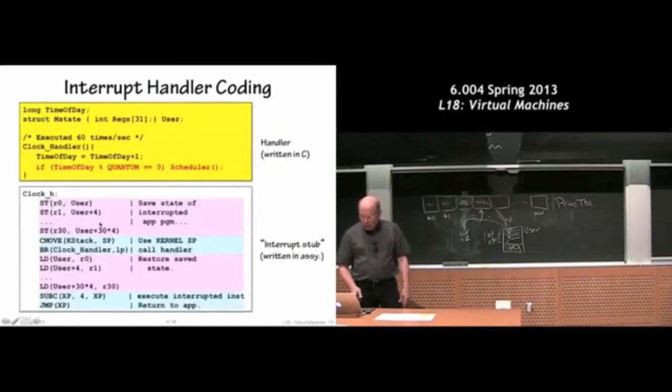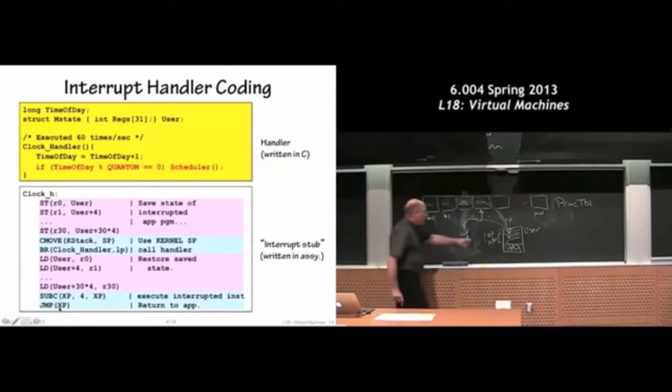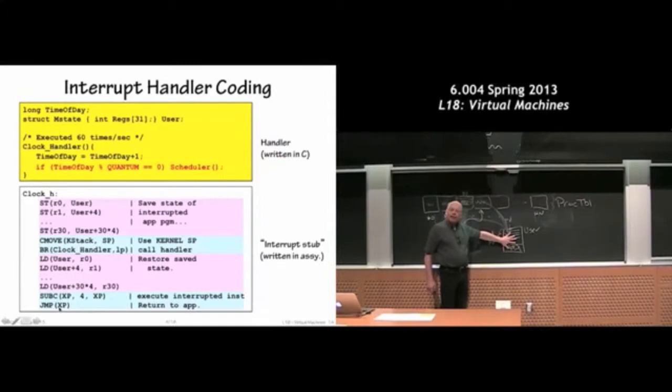And when I return from the scheduler call, that means I'm going to return from the clock handler, which means I'm going to load up the registers from here. So whose registers am I loading up when I return after calling scheduler? The registers for the new process, right? What I've done is I've sort of pulled a fast one on the clock handler. He says, look, I put a bunch of registers in there, I'm going to restore them.